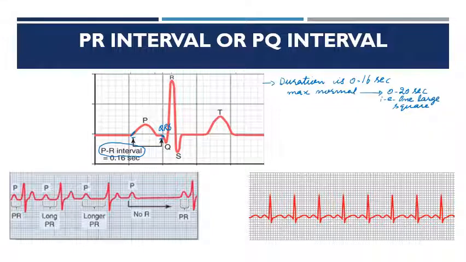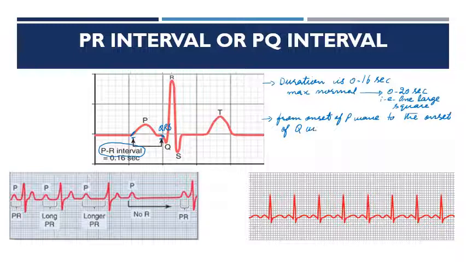And this normal PQ interval or PR interval is measured from onset of P wave to the onset of Q wave.